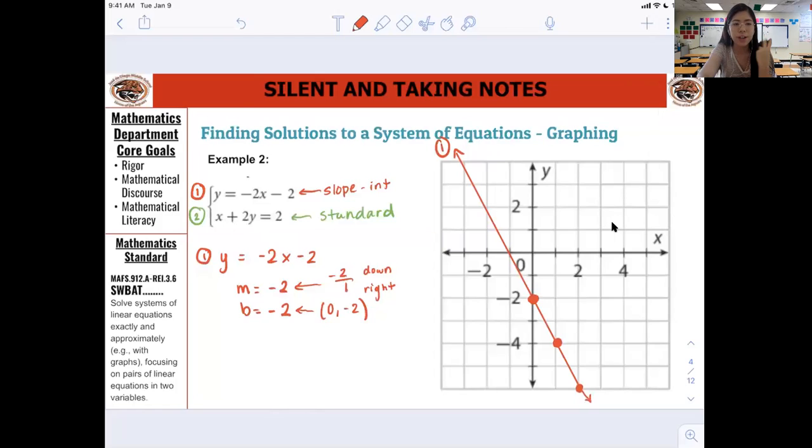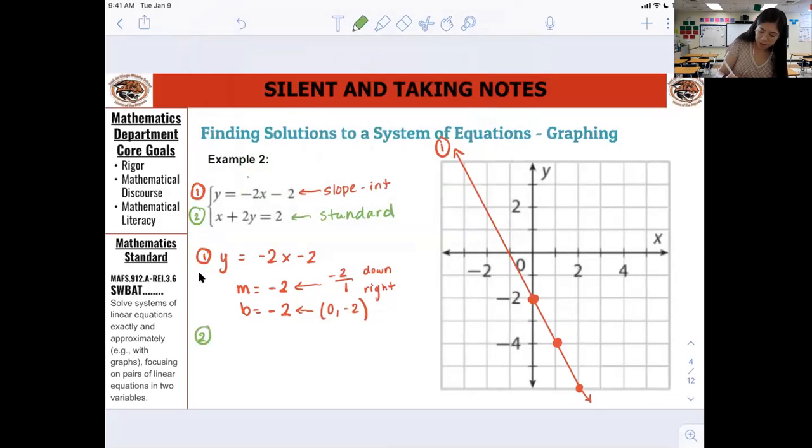Tell me which strategy you want. It's tied right now. I need one person to break my tie. Okay, strategy number 2 wins. And in the next problem, we'll do strategy number 1. So we'll flip back and forth.